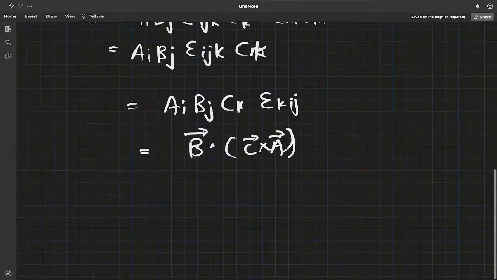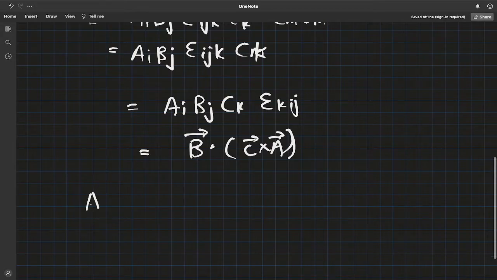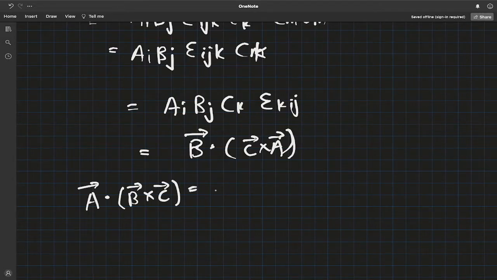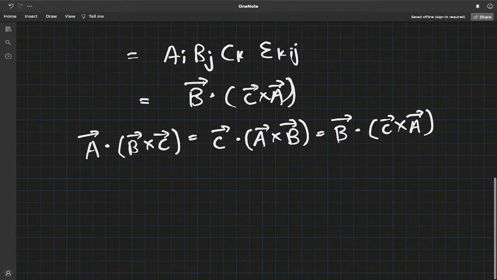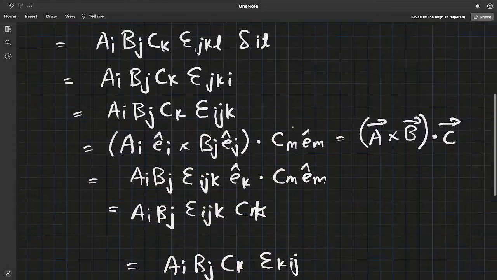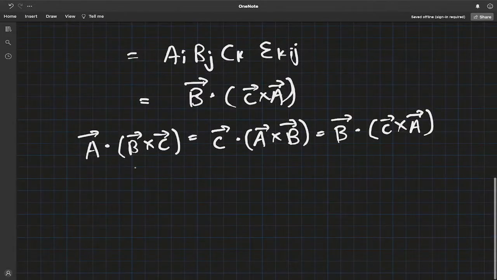So you see the scalar triple product has this definitive structure: A dotted with B cross C is equal to C dotted with A cross B, which is equal to B dotted with C cross A. So you notice we get these things because of the permutation relationship of the Levi-Civita symbols, which are a result of the structure of the cross product.